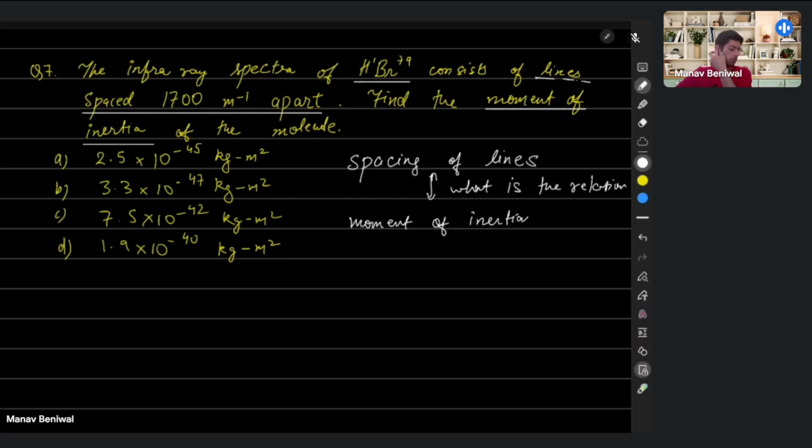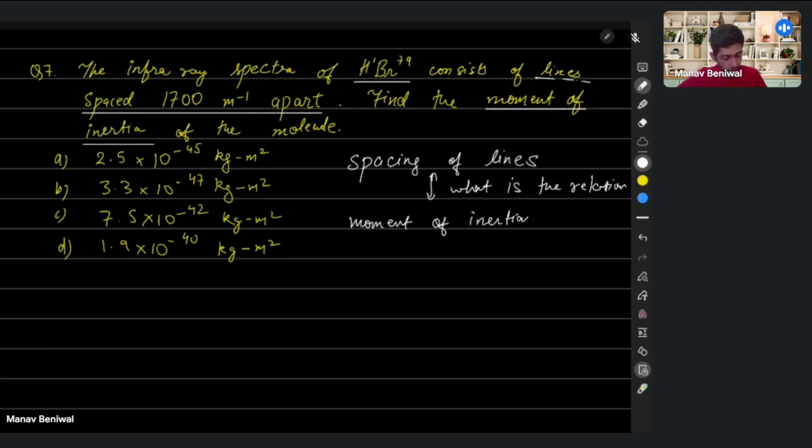What does moment of inertia have to do with the spacing of spectral lines? So we have to build that bridge, make that connection, and that is all we need.